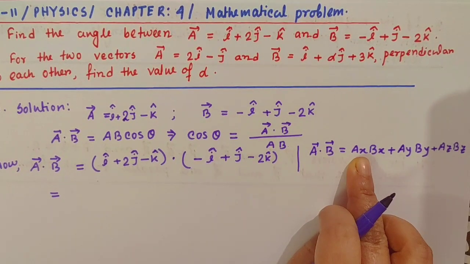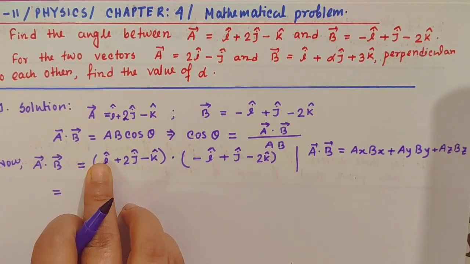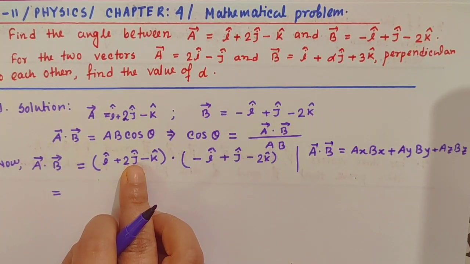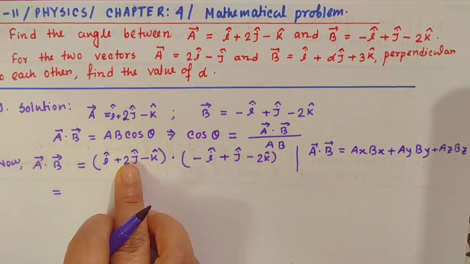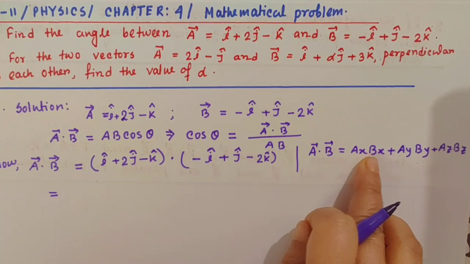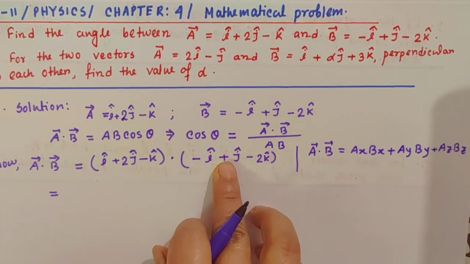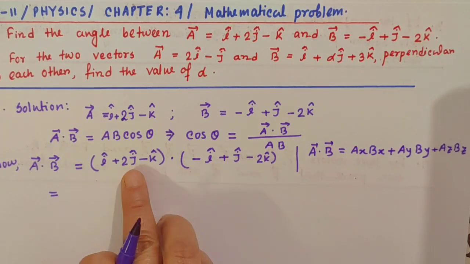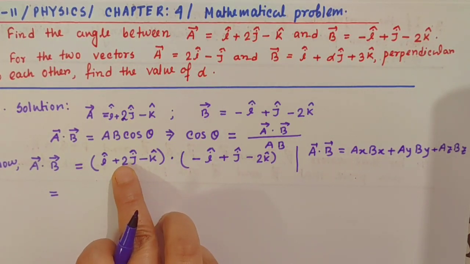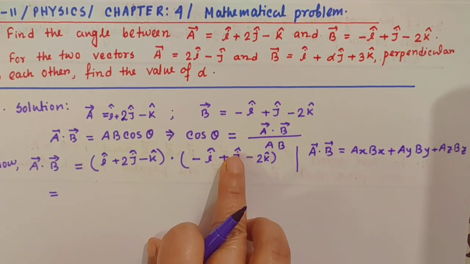So Ax means the coefficient of i cap and Bx means the coefficient of i cap here for vector B. In the same way, Ay means the coefficient of j cap here, and By means the coefficient of j cap here for the B vector.